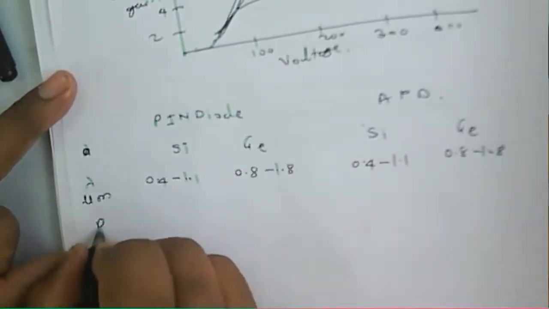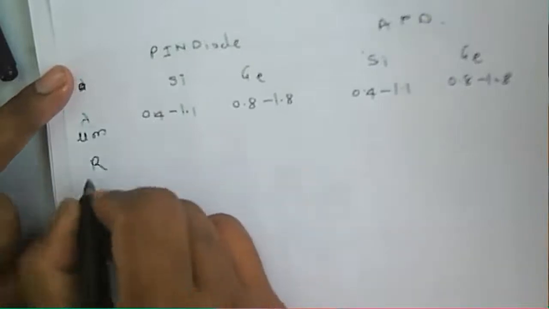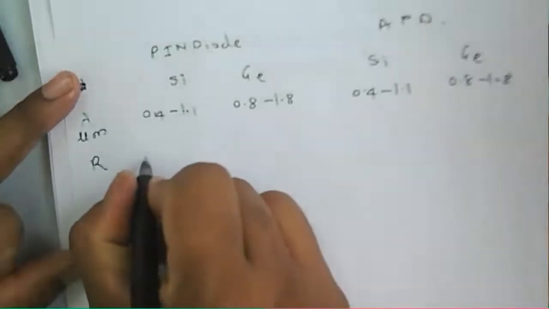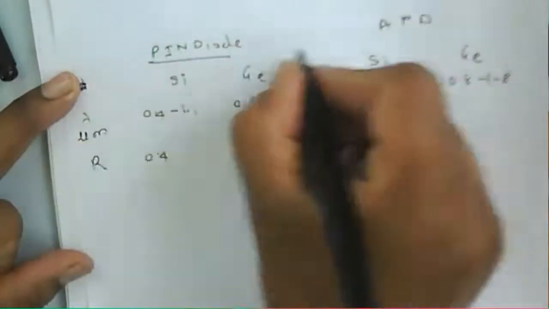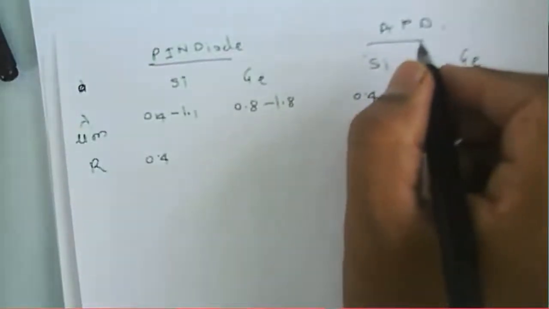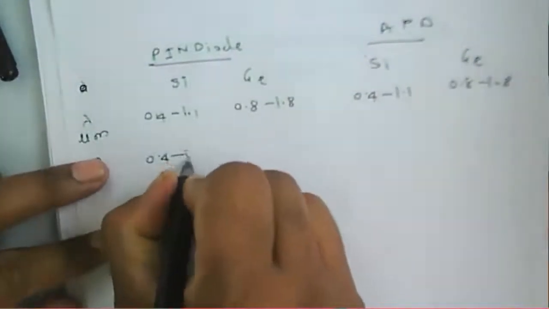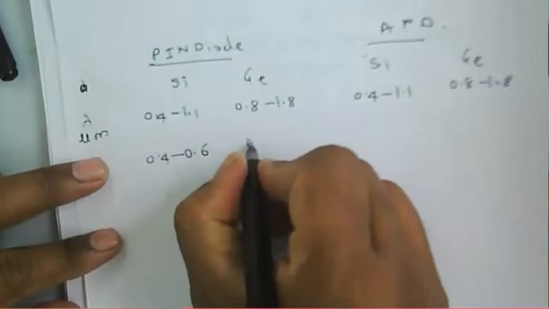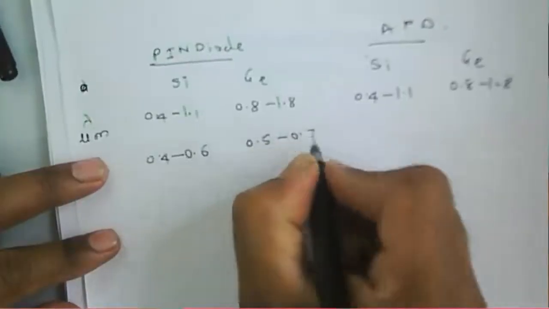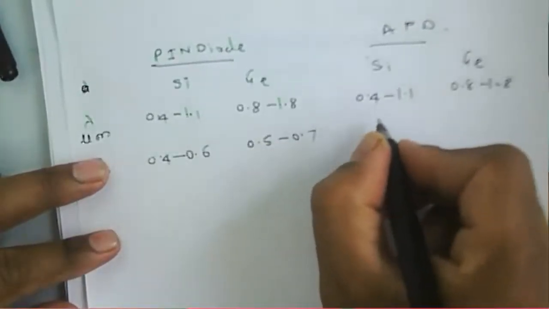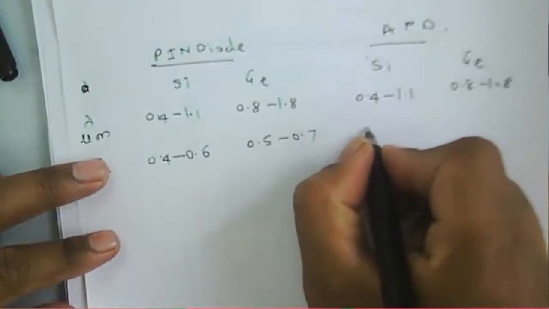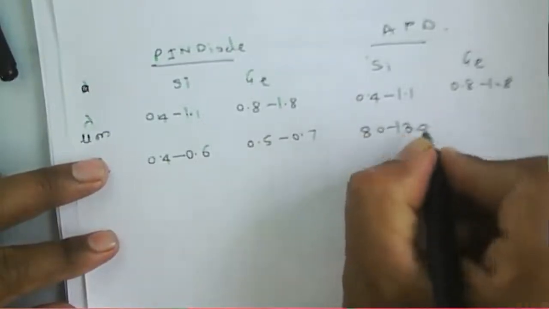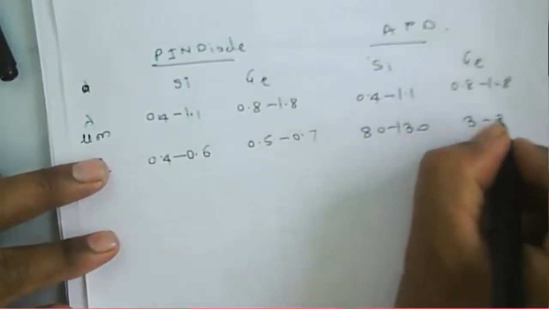But if you consider the responsivity, in that case for the pin diode it is about 0.4 to 0.6, here 0.5 to 0.7. And if you consider this avalanche photodiode, it is about 80 to 130, and here 3 to 30.